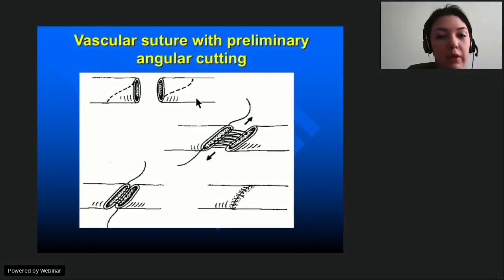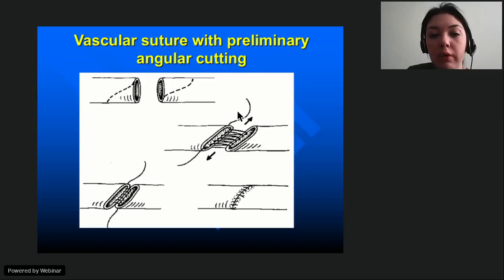So here you can see, if, for example, we try to stitch to connect these two margins, these two ends of the vessel, you should always remember that some part of the tissues will be taken by the suture, and that will narrow the lumen.